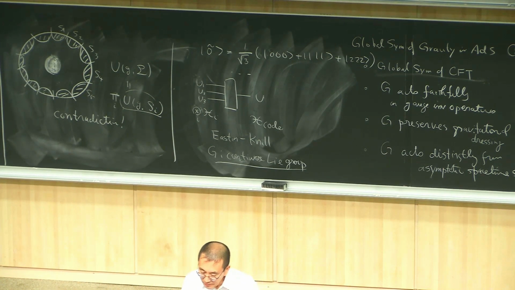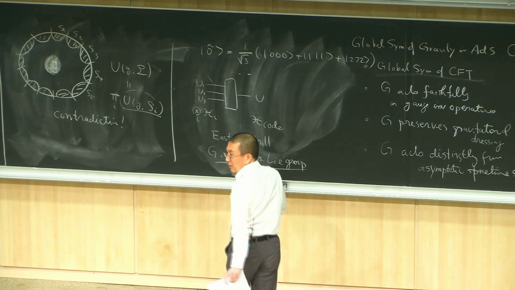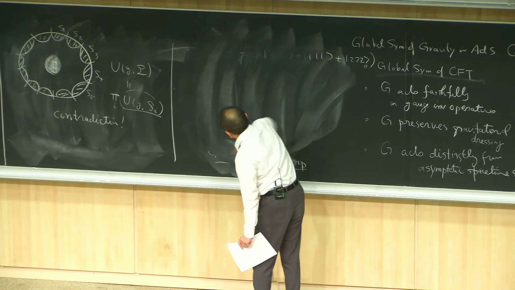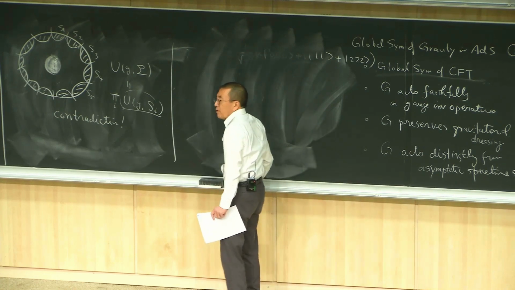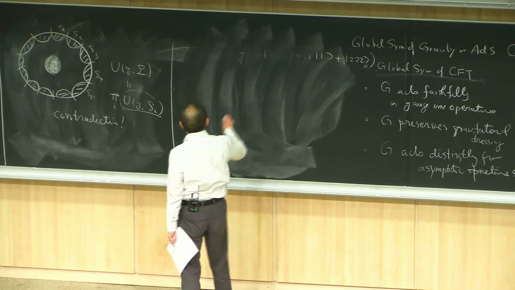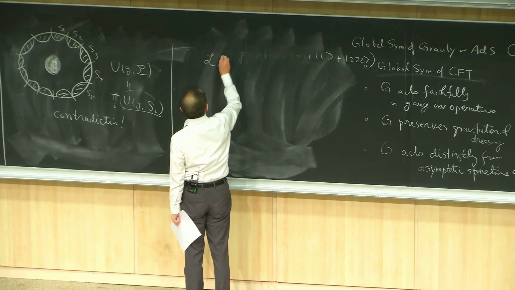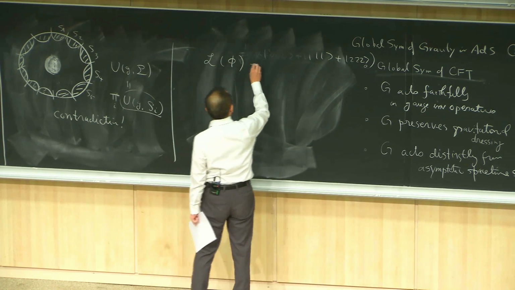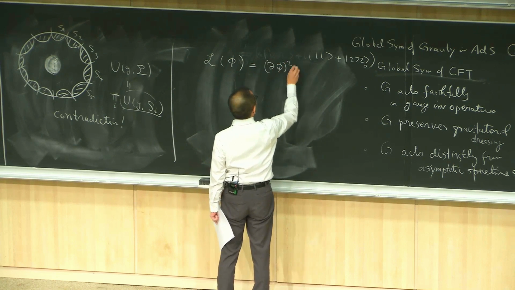So I have a couple more comments. I don't have time to discuss this, but it is possible to generalize this argument to include spontaneously broken global symmetry. So this can be actually pretty interesting. For example, in the low energy effective action, you can have a scalar field and a Lagrangian like this, minus the potential.